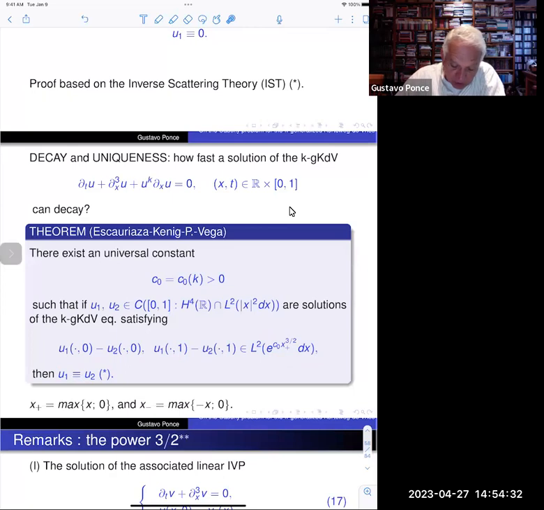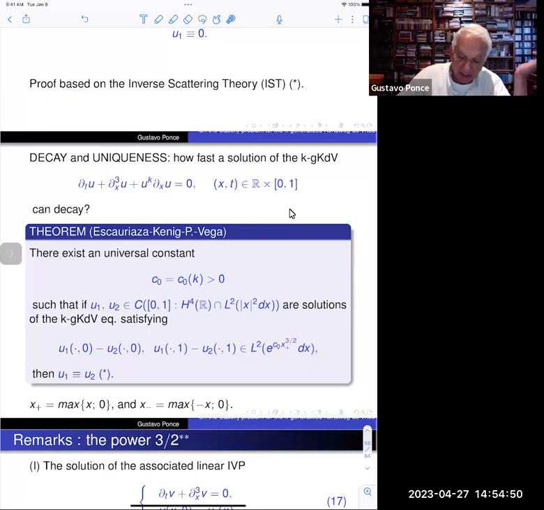In no moment are you assuming that these two solutions are equal. The only thing that you are assuming is that at two times they belong to this space. They belong to some L2 with a big weight. And then they are equal.